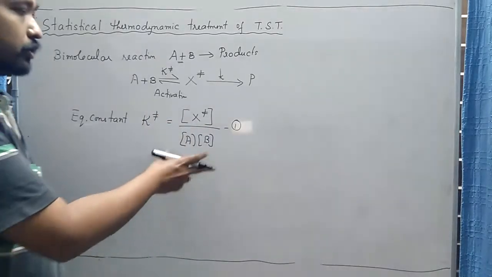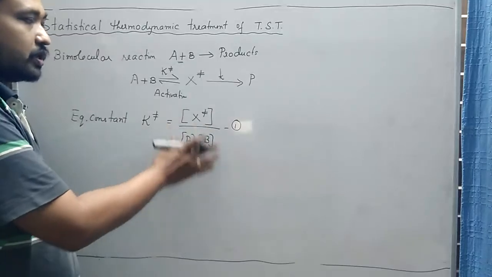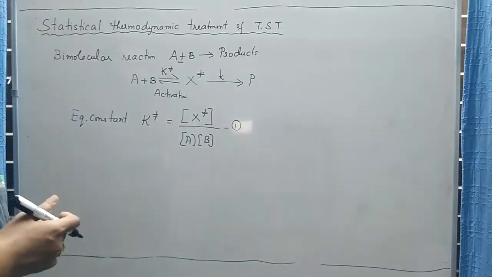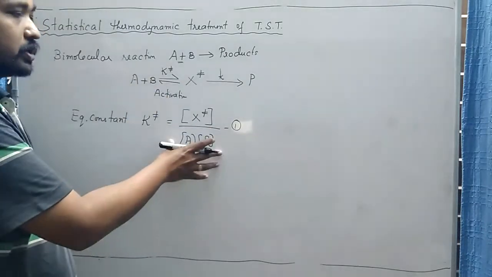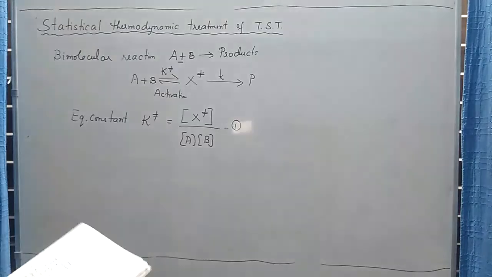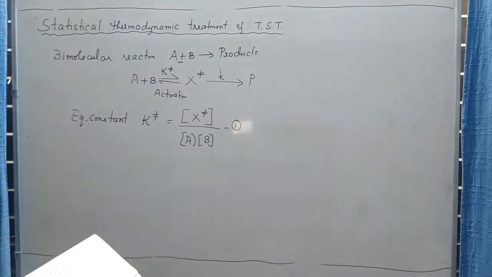For dilute solutions we can use concentration as the correct way of representing the reactants and the activated complex. For the gas phase, concentration has to be replaced by partial pressure. So the reaction we are developing now is applicable for gaseous reactions and for dilute solutions.